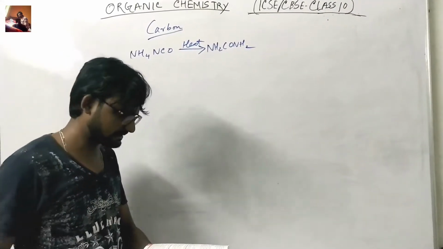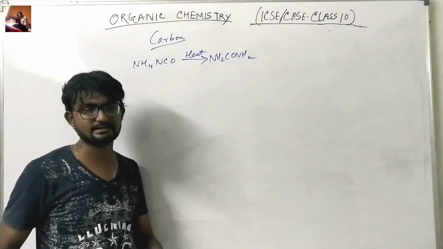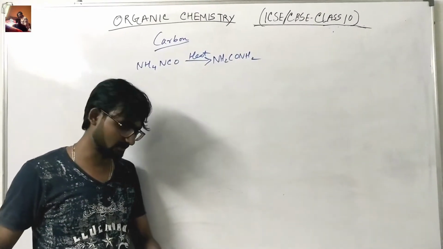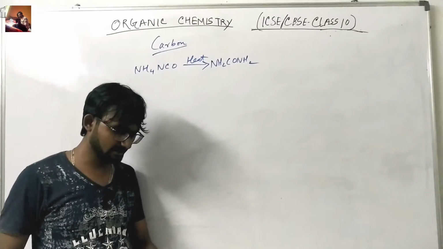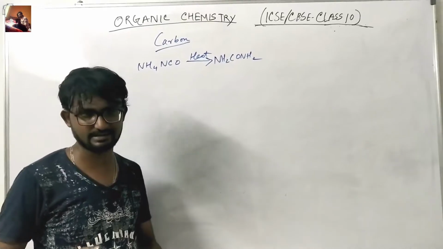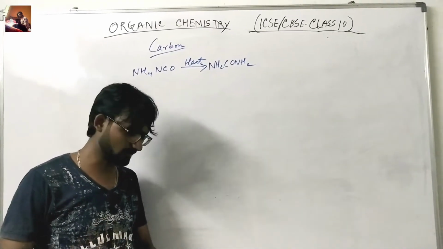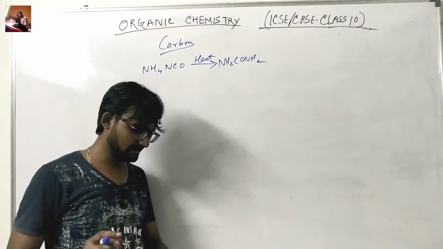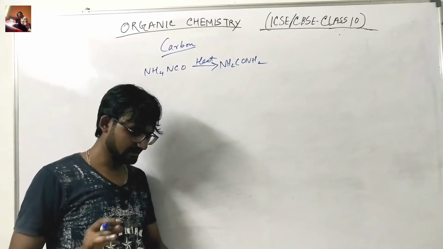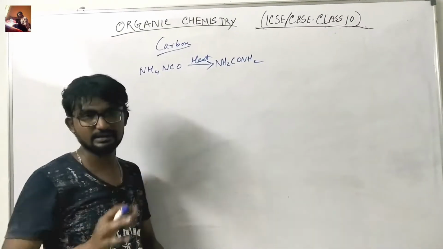So what are the characteristics of organic compounds? Physical states: they may exist in any state, like gas, liquid and solid. Melting and boiling point: they are more or less stable and they are held by covalent bonds. Mainly if you apply heat, as I've shown you in the example, it may break.